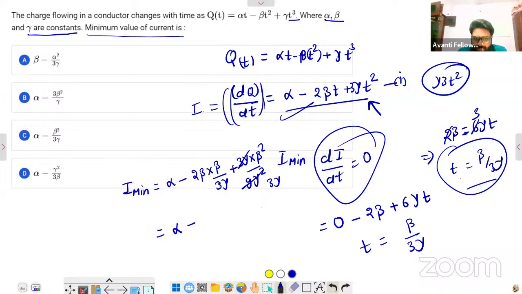This is twice of this value: 2 beta square by 3 gamma and beta square by 3 gamma. So the remaining is alpha minus beta square by 3 gamma. So this is the answer, and option C is the correct one.